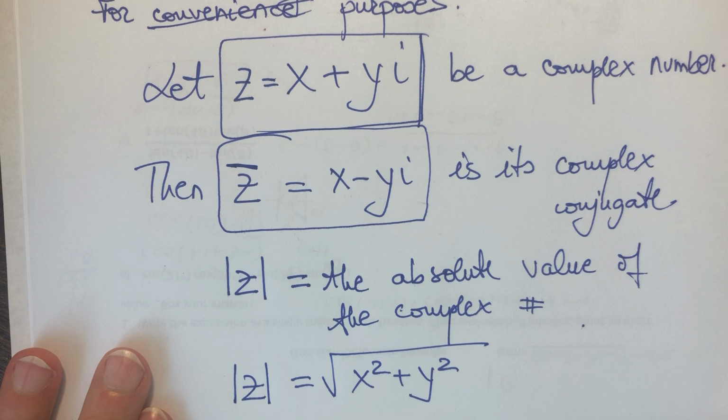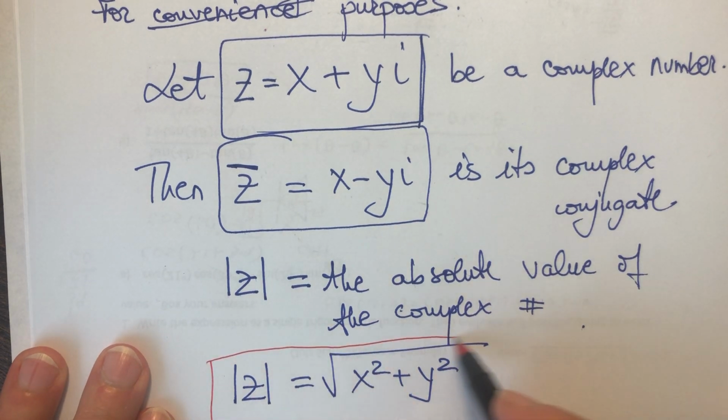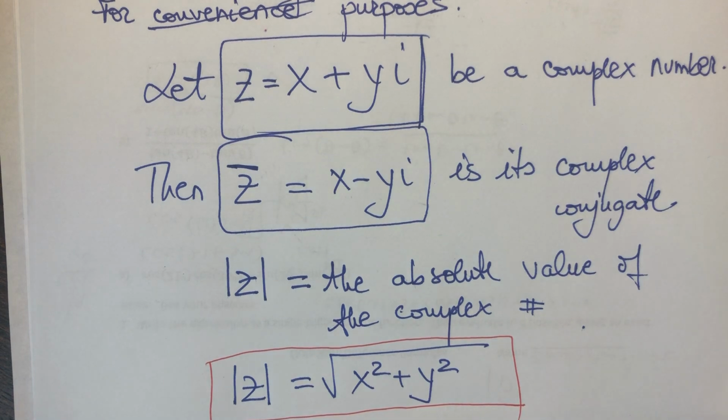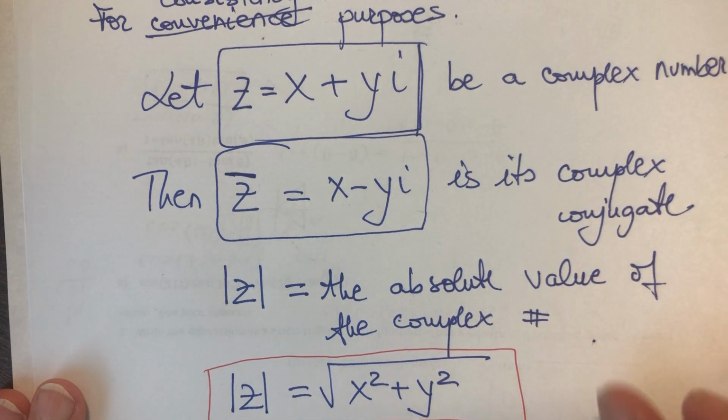So this might start looking familiar. x squared plus y squared, who was that? I have a few more names for you, but just hold on to it. I'm going to switch the page, and here it is. Now, we can graph this complex number on what we call the complex plane.